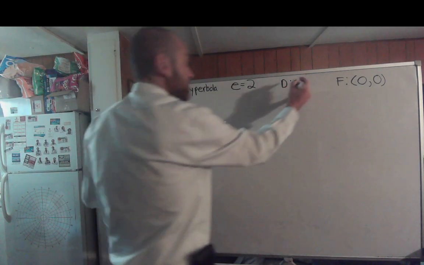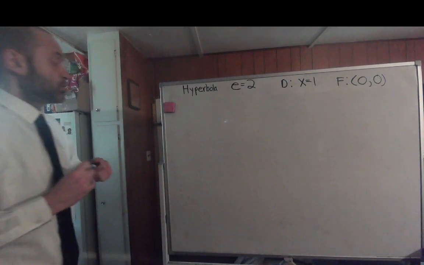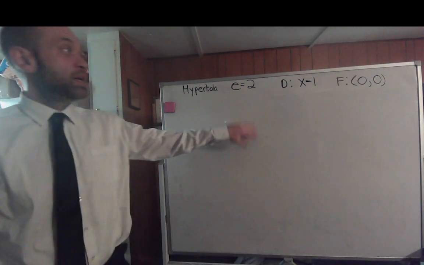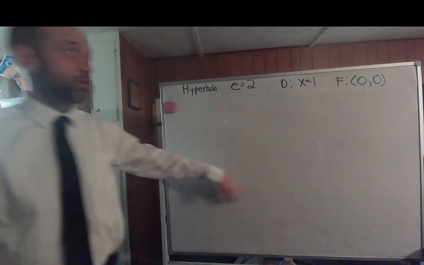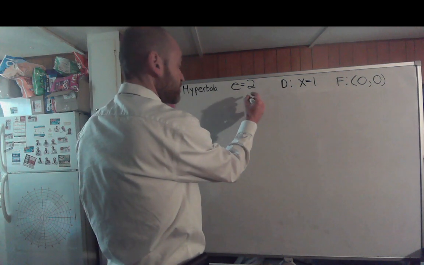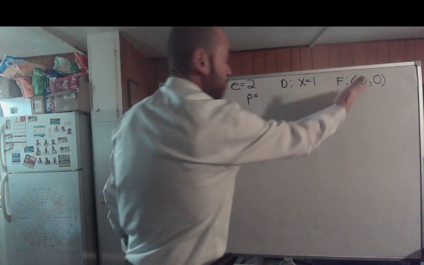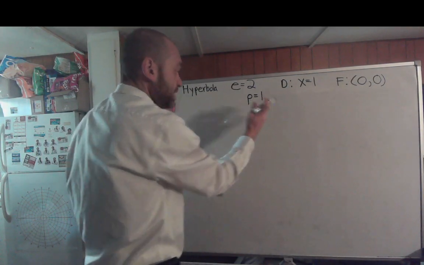The directrix will be at x equals 1. So we have a hyperbola with eccentricity of 2, directrix at x equals 1, the focus at 0, 0. We know the eccentricity, let's find p, which is the distance from the directrix to the focus. Well, an x-coordinate of 0 to an x-coordinate of 1, that's a distance of 1, so p equals 1.